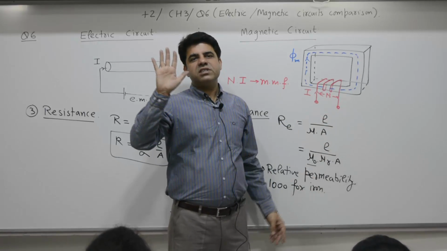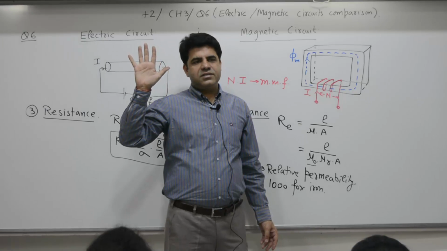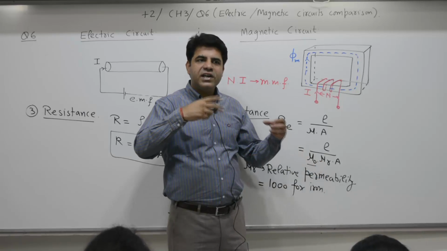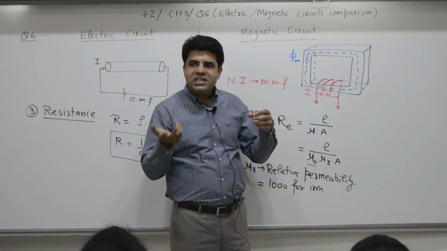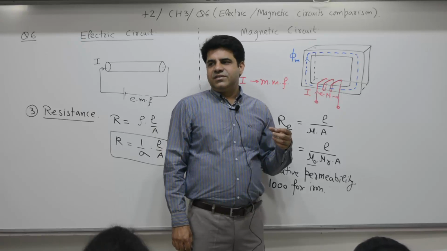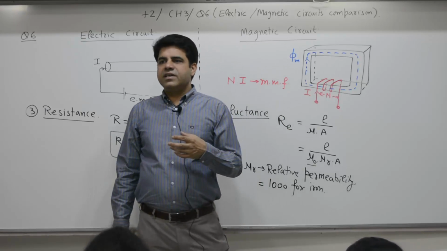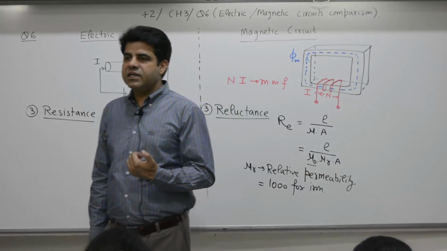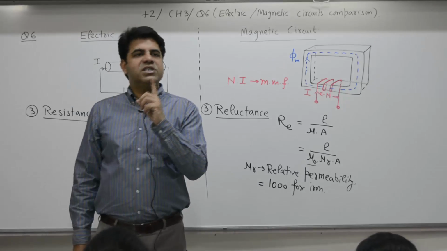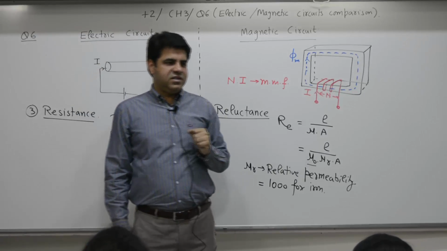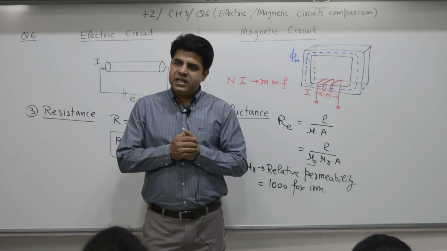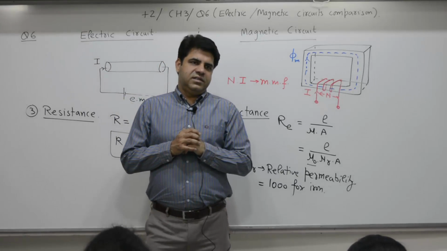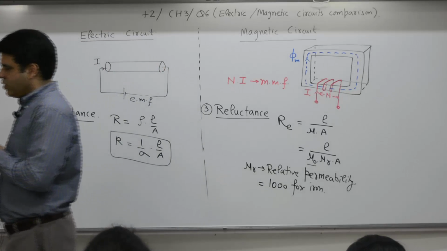That is why a 5-star air conditioner will use a high value of mu r. So current required to run it will be less. That is why it is expensive. High mu r materials are expensive. Capital investment is more, but running expenses will be less. The electricity bill will be cut. Initial investment will be more.